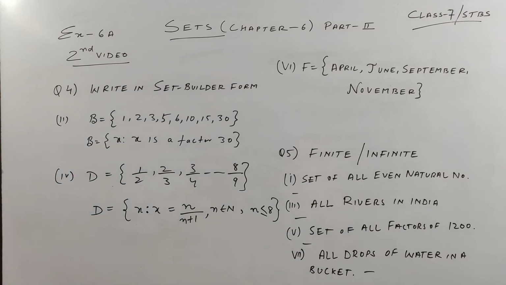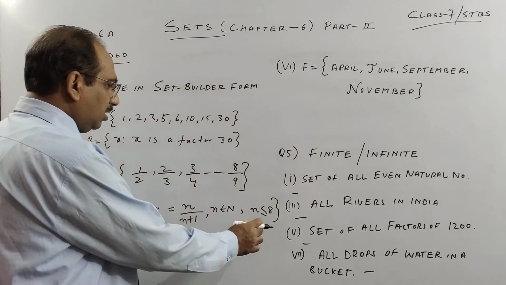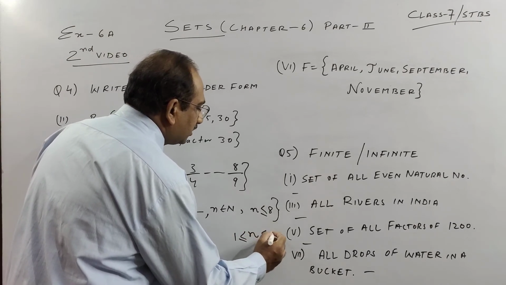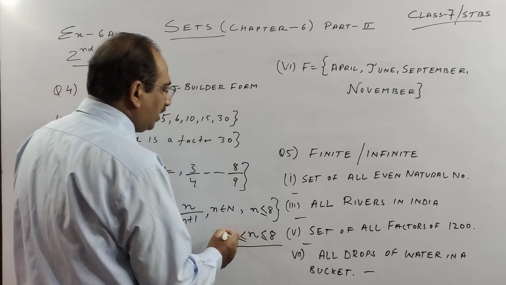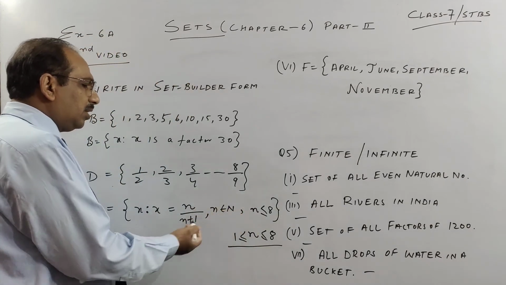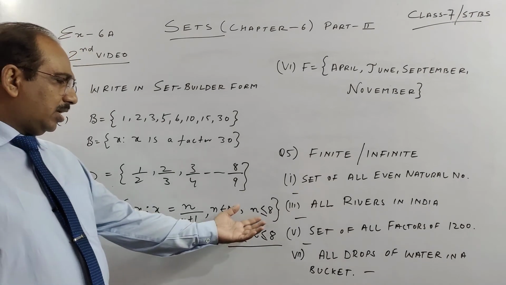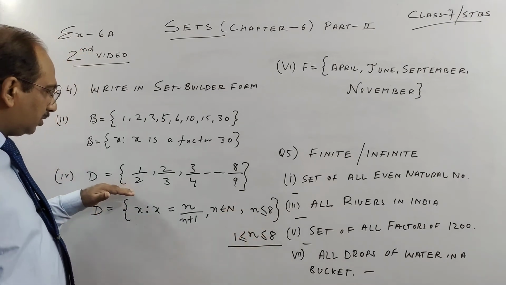in set builder form, or one better way, n is greater than or equal to 1 and less than or equal to 8. But since we have said this is a natural number and starts with 1, this is right also. You can write any one of these. Once more, you see this is a little hard.